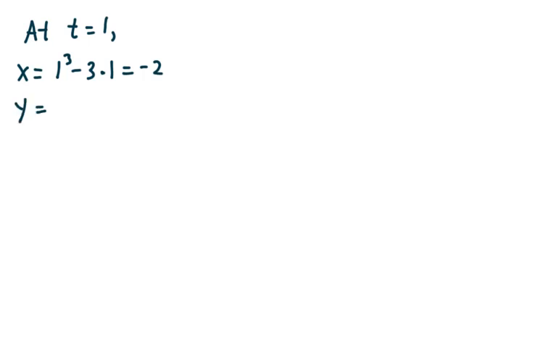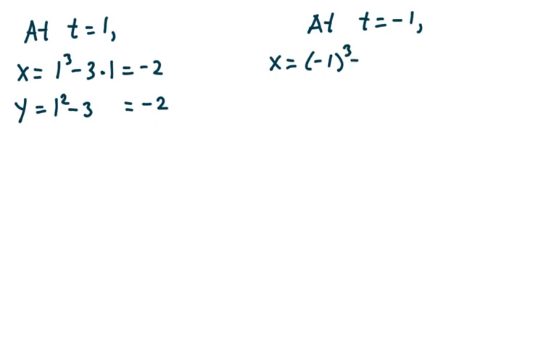And then y is 1 squared minus 3, which is negative 2. And then at t equal negative 1, x equals negative 1 to the third minus 3 times negative 1, which is 2.